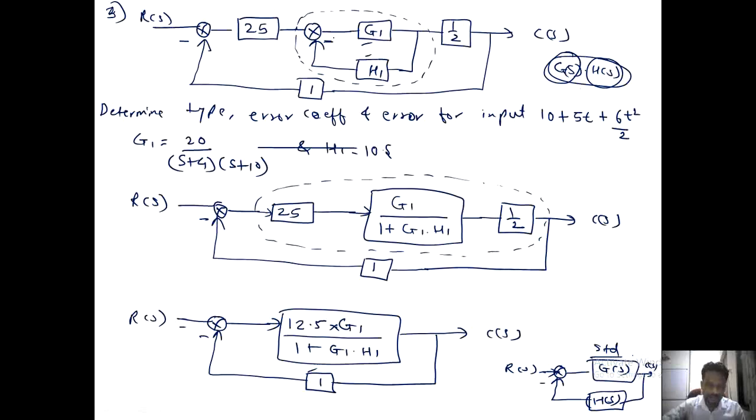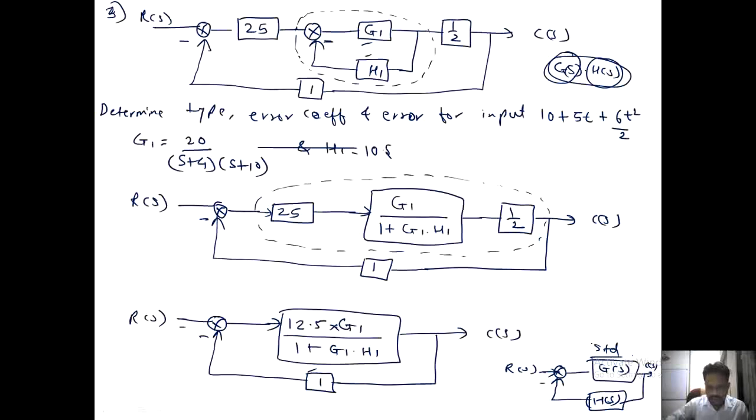But initially a block diagram is given in which G1 and H1 values are separately given, so we need to solve the block diagram first, then we'll put G1 and H1 values in that, and then again we'll solve, and we'll get to know the value of G of s and H of s. Okay, so 12.5 into G1 by 1 plus G1 H1 is G of s.